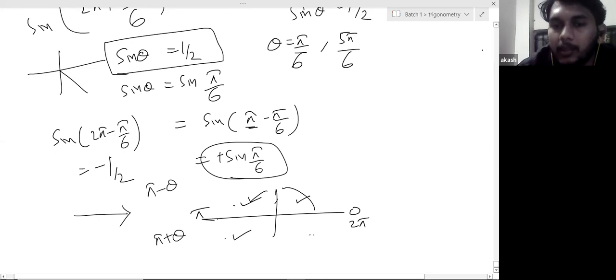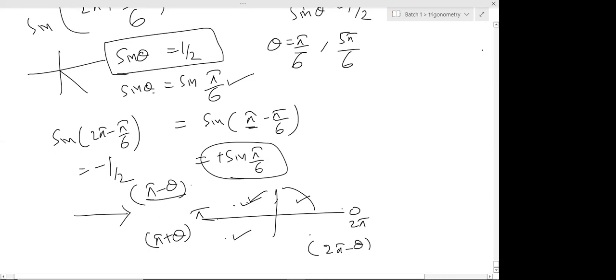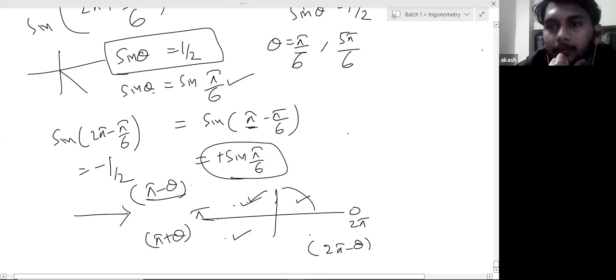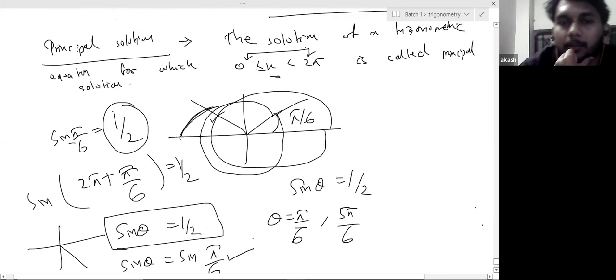If it's in the fourth quadrant, then 2 pi minus theta. That is why here theta was pi by 6, but sine is positive in the second quadrant also, so pi minus pi by 6. Note it down, principal solution and all.